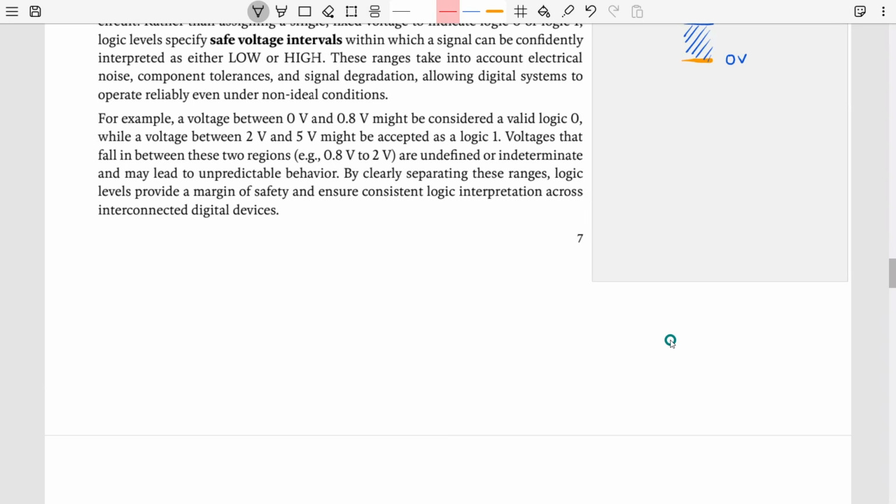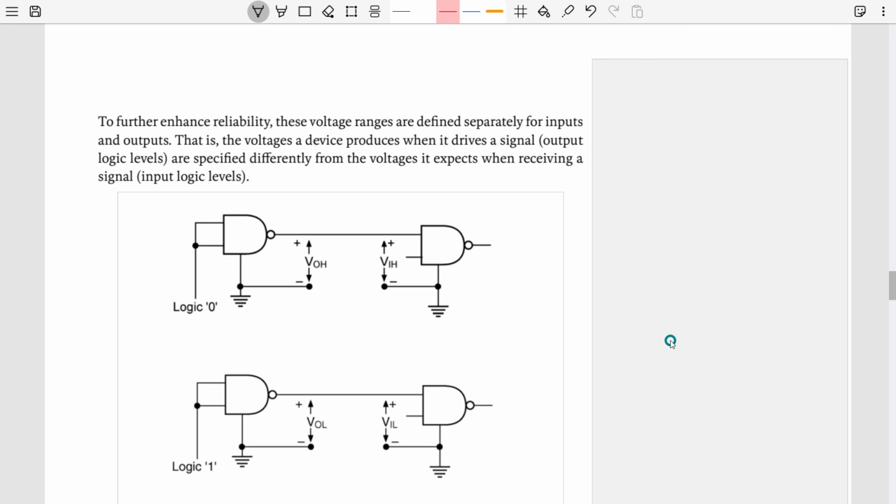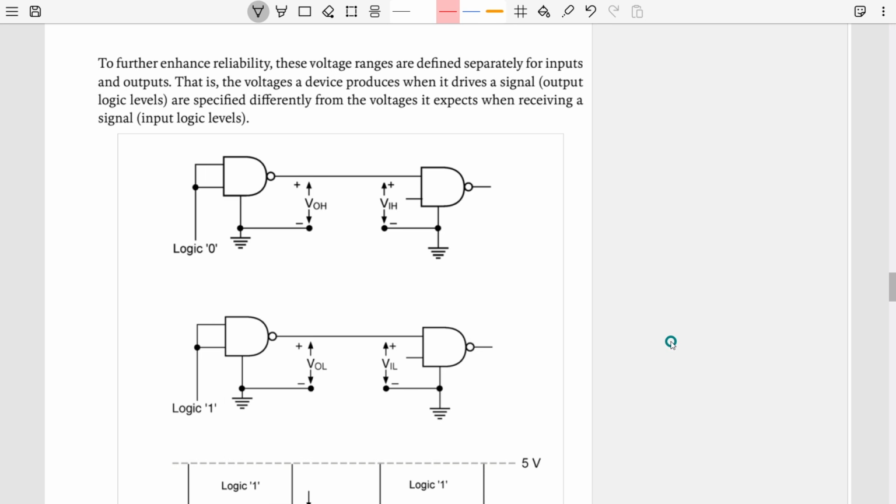And also we saw that this is not just one particular set of rules that is valid for both inputs and outputs. So we specifically choose these ranges separately for outputs and inputs of logic gates.